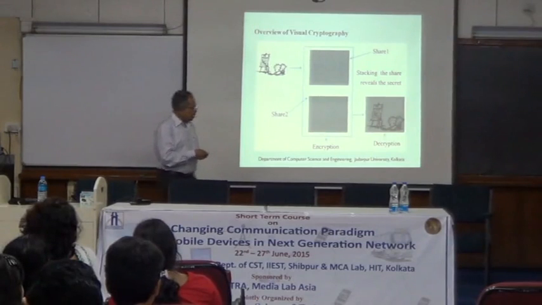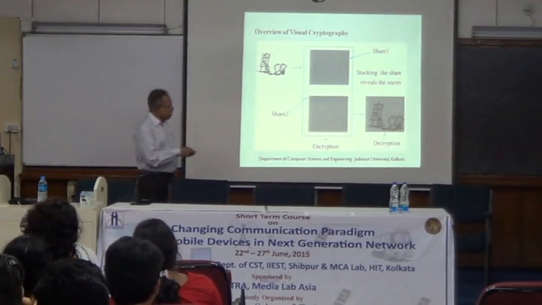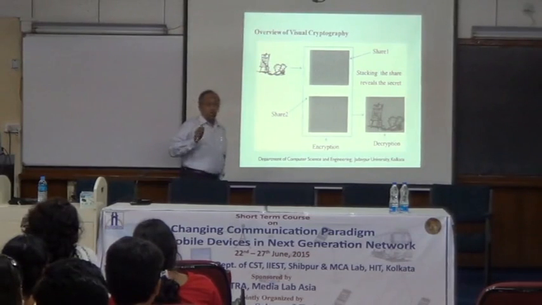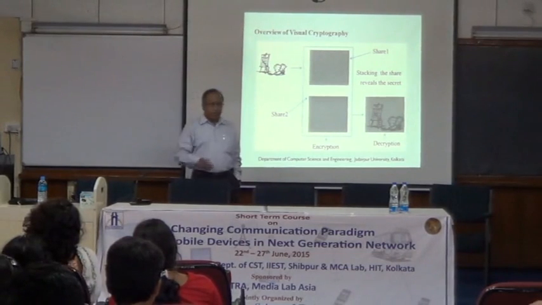When I discuss how it is done, it will be very clear why you have a 50% loss. Let's come to it later. The actual concept is that it works only on black and white images, binary images. Some pixels are white, some are black.